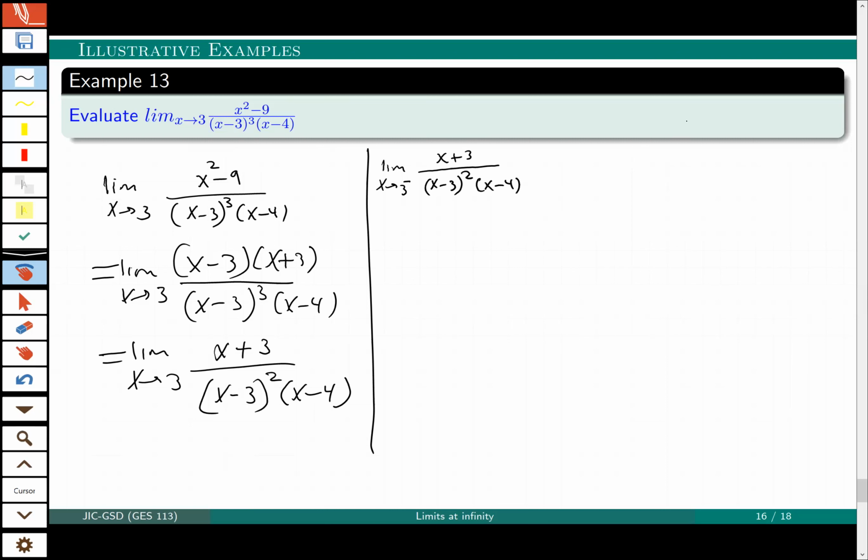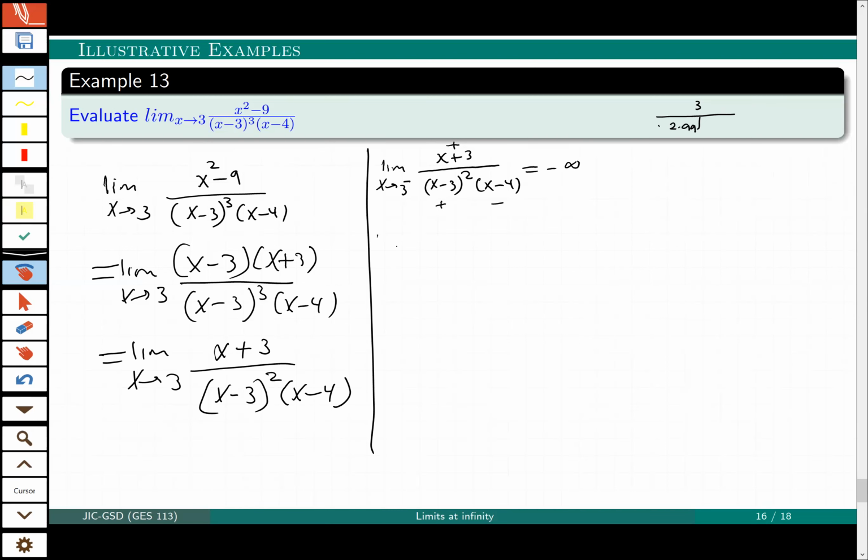Now, if I take it from left, this is a 3. From left means, let's say 2.99. So that will be positive, and that will be positive because it is square. That will be negative, so it will be negative infinity.